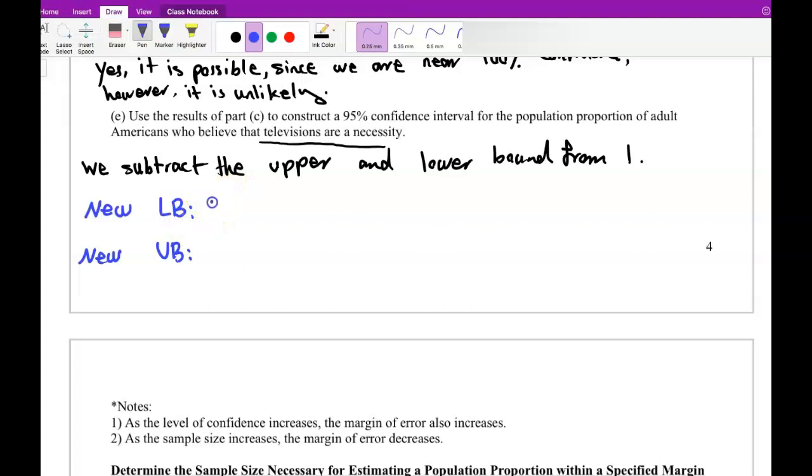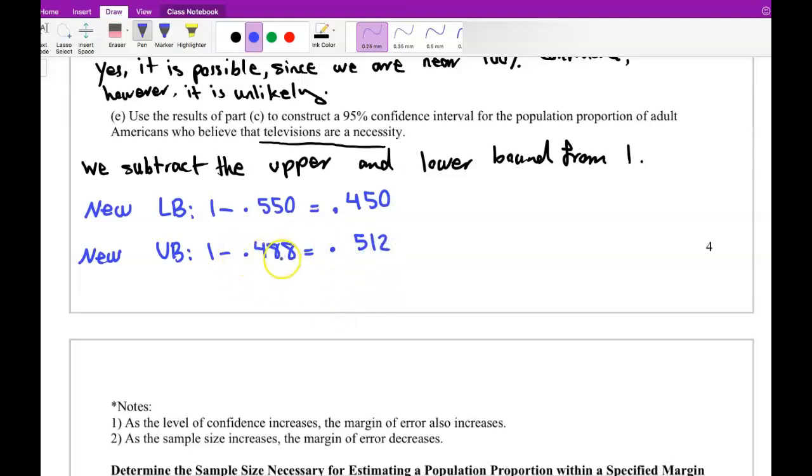So for the lower bound we have 1 minus 0.550, and here for the upper bound 1 minus 0.488. So the answer is 0.450 and 0.512.